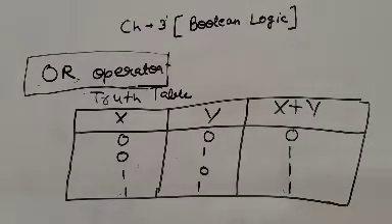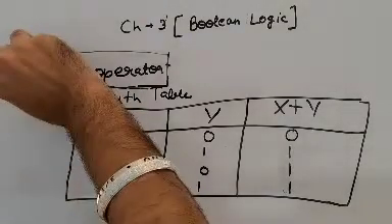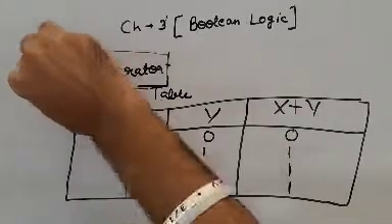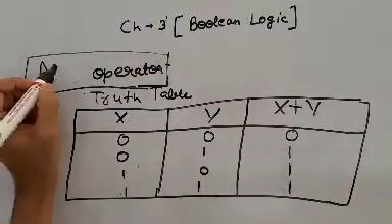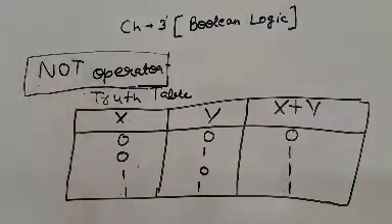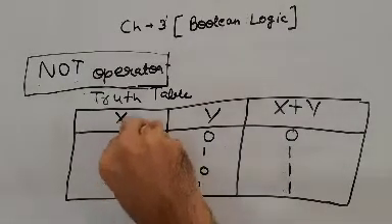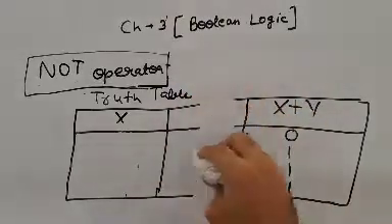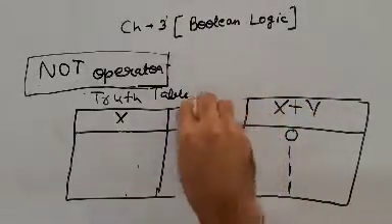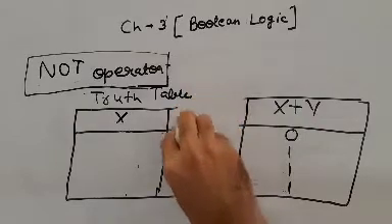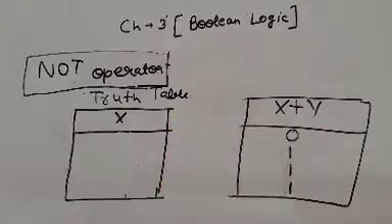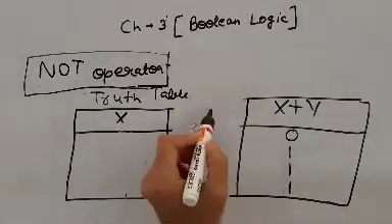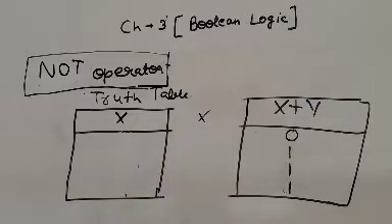Now we will talk about the NOT operator, which is very easy. For the NOT operator, there is only one input terminal and one output terminal. So we don't need this Y column, and the conditions will also be reduced. Now there will be only 2 conditions.